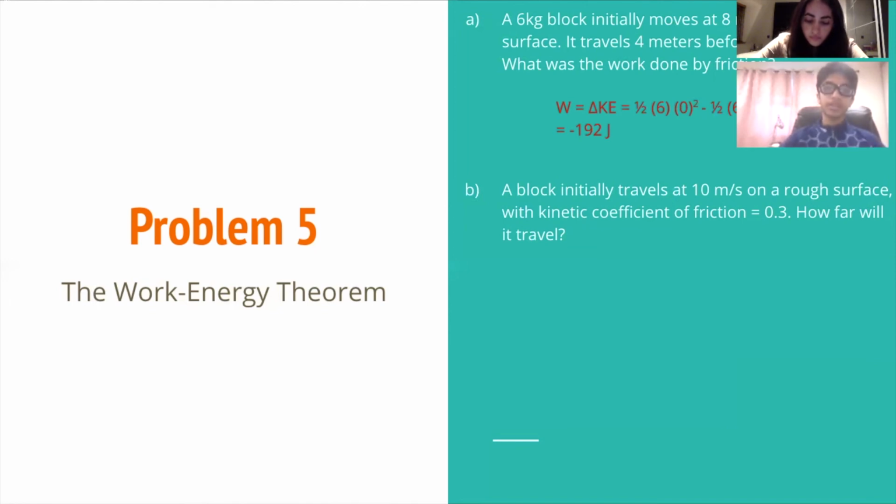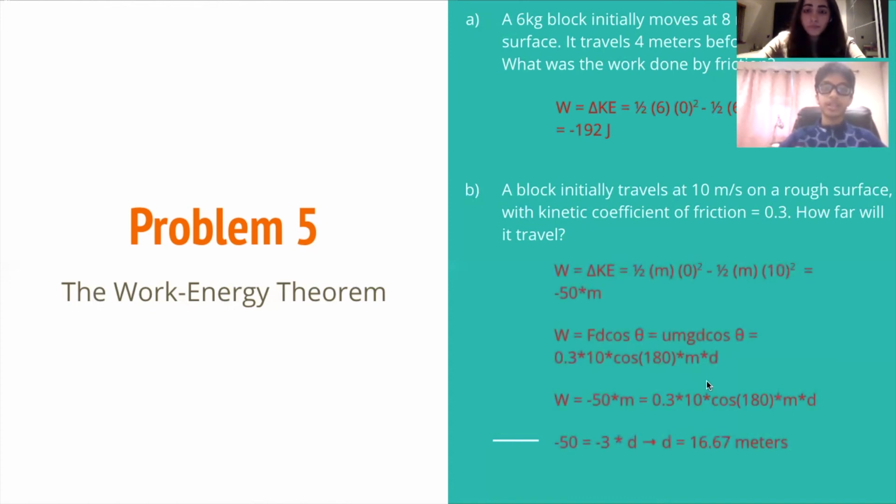For part B, we have the block now traveling at 10 meters per second on a rough surface. And this time we're given that the kinetic coefficient of friction is 0.3. And again, we want to find how far it will travel. So for this problem, we again use the work energy theorem, but we also use the definition of work.